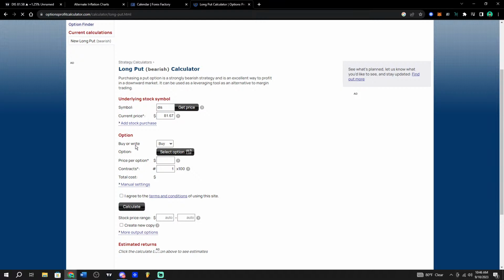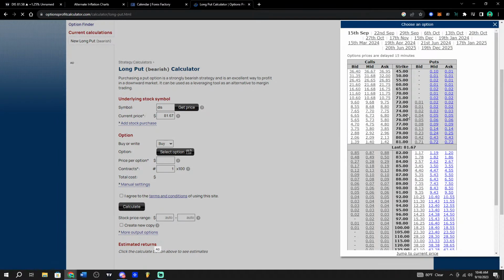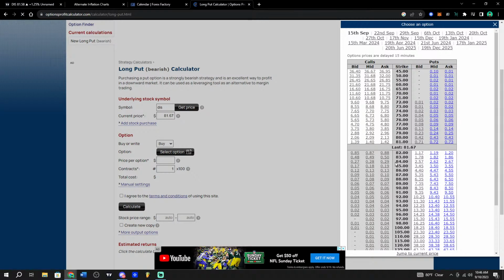Buy or write. Just click buy. Select option. Oh, yeah. This is stuff. You see at the top, it gives you all the expiration dates. So we can do the 21st of June 2024. That seems pretty good. Was that just about 9 months?